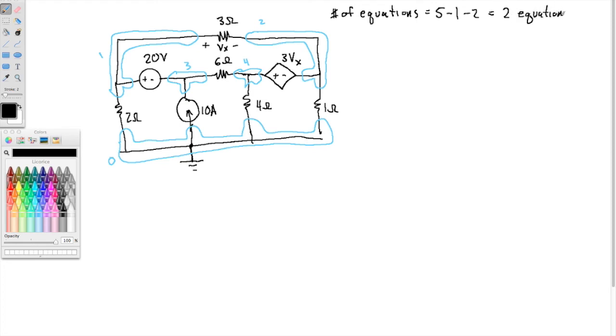We'll need 2 equations and 2 unknowns. So, what are those unknowns? Well, I have 2 voltage sources connected to non-ground nodes, this guy and this guy. So that makes nodes 1 and 3 a supernode.